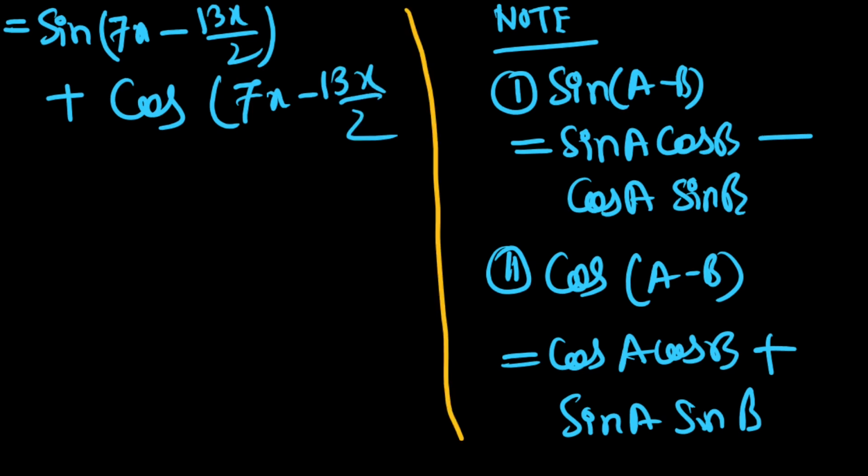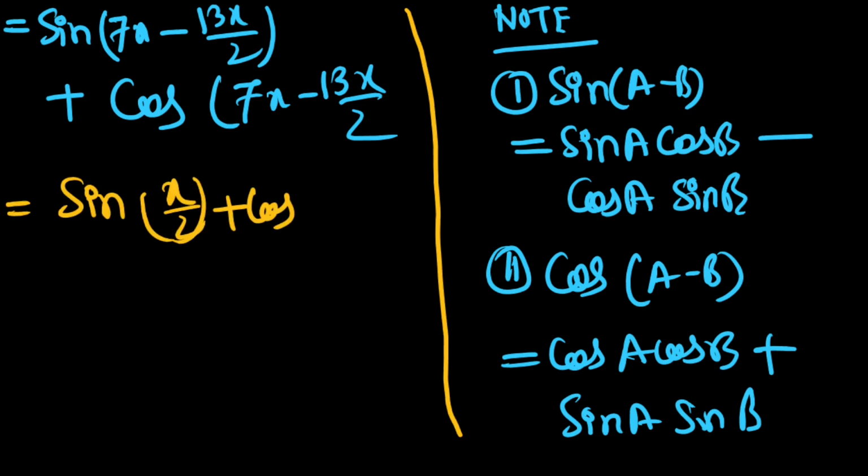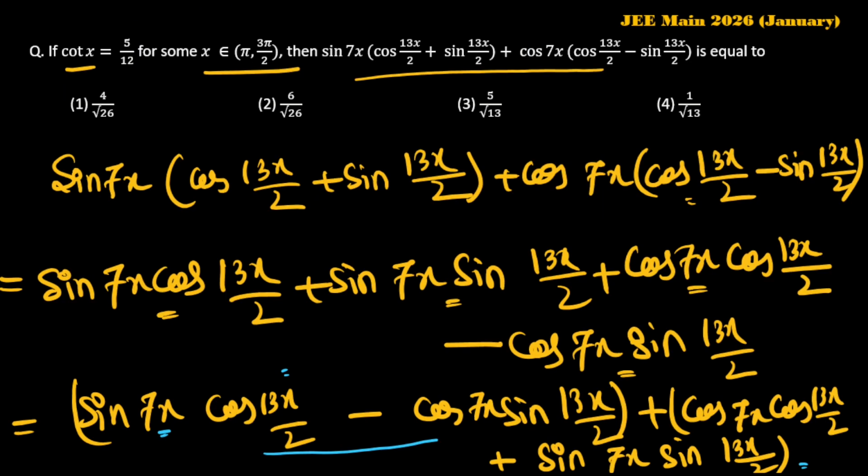Therefore, we calculate it and get sin x/2 plus cos x/2. So our expression gives sin x/2 + cos x/2. Now we find these two values using the given cot x equal to 5 over 12 and x lies between pi and 3 pi by 2.